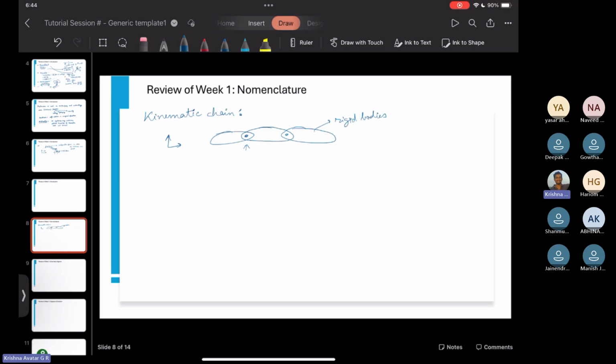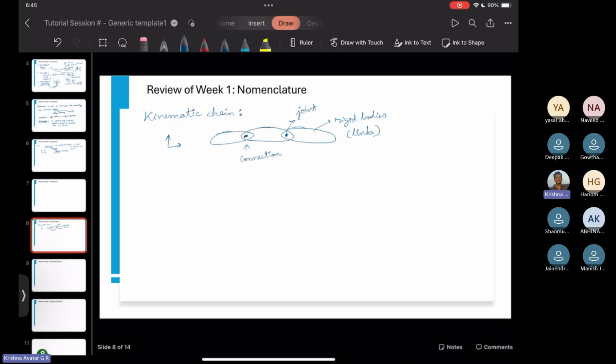And you have these connections here to connect two or more rigid bodies, right? These rigid bodies are also called links, and connections, as we will find out later, are also called joints. Essentially, any mechanism or robot is always composed of just two things, joints and links.